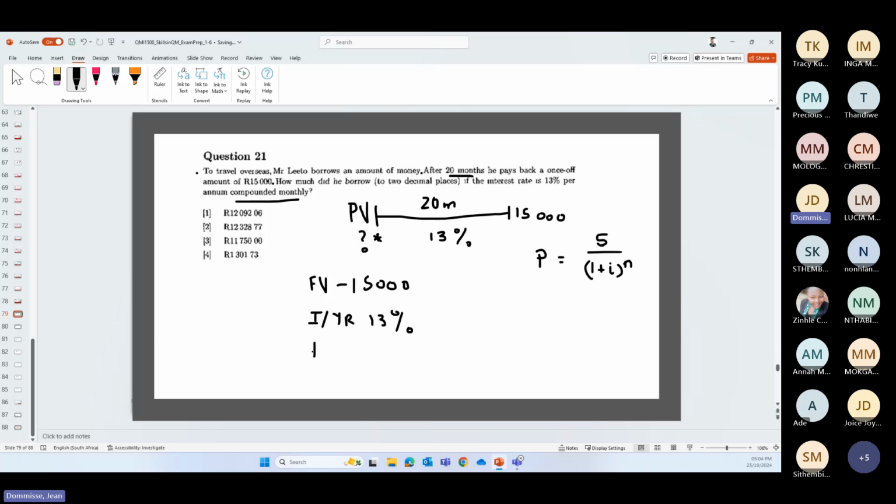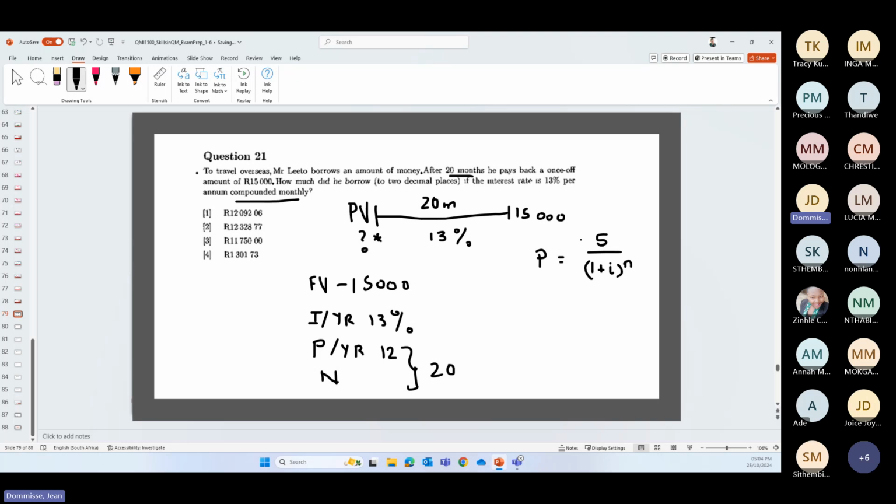Then we have it as 12 times per year because it is monthly. And then we need the total periods, that is 20.